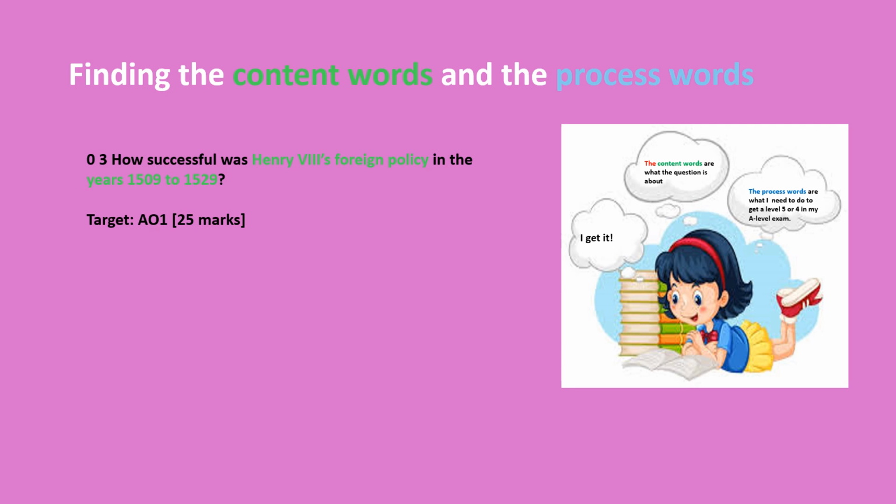But after that it starts to unravel, and in the 1530s and again in the 1540s, various expeditions in France achieve very little. So make sure that you get both parts of the question in terms of the content words and the subject matter, and stay focused on that.